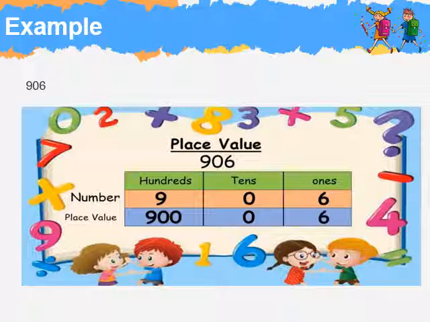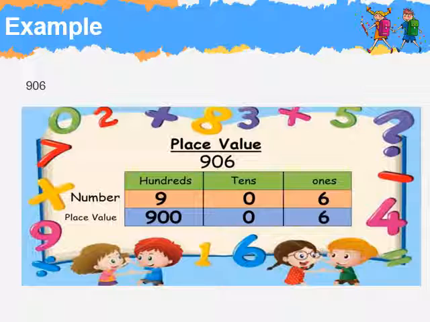Now children, let us take one more example. Look at the number children, 906. Now children, we write the numbers in place value chart. So children, we write 9 at hundreds place, 0 at tens place, and 6 at ones place.